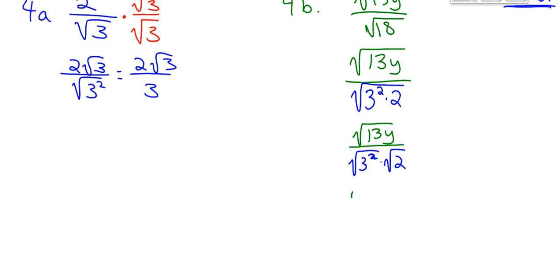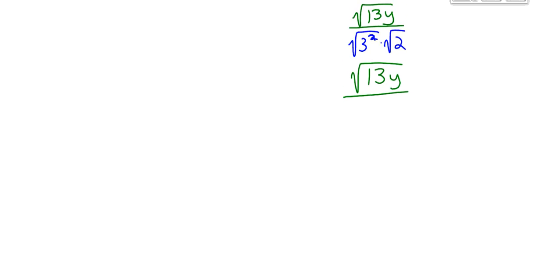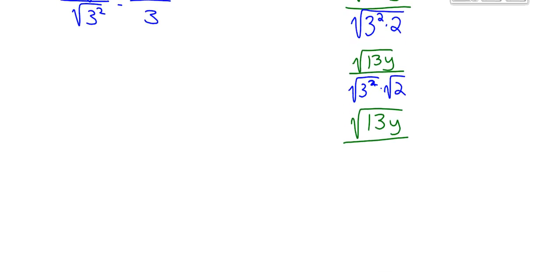So that's going to give me the square root of 13y over 3 times the square root of 2. The square root of 3 squared is 3. The square root of 2 just stays the square root of 2.